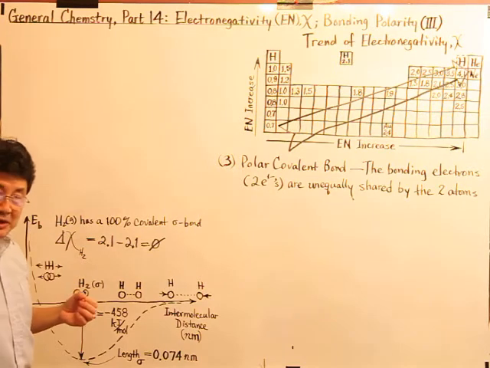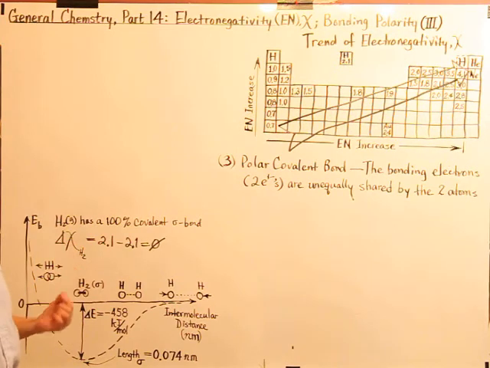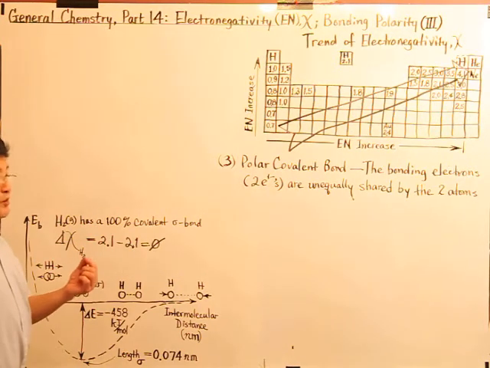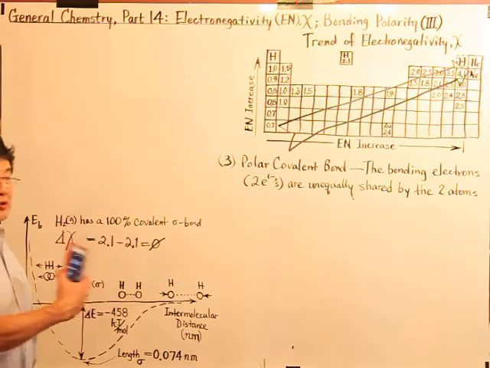Only one each, correct? There are two electrons forming a single bond from the two hydrogen atoms. But the competition can never end because they are identical. Nobody can win. Nobody is stronger than the other.